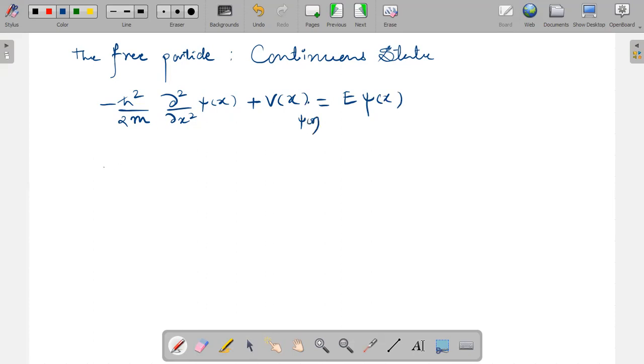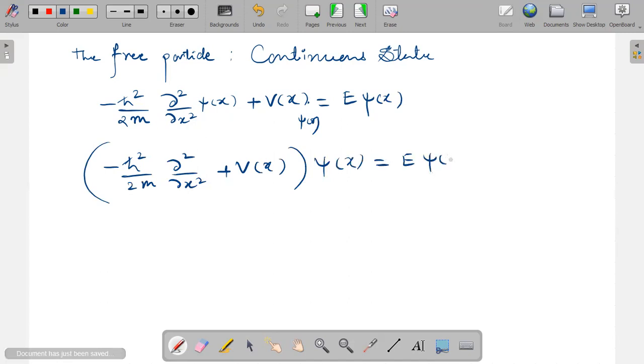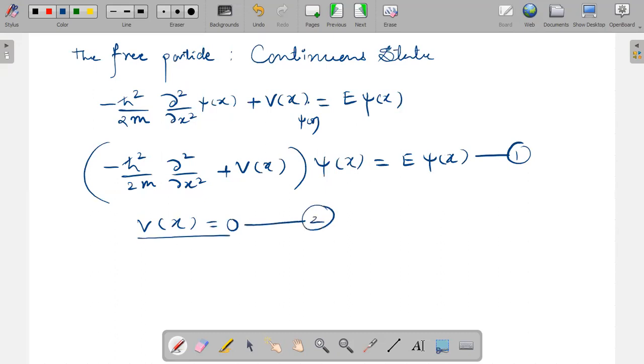Therefore, we can write here minus h cross square upon 2m, delta square upon delta x square plus V of x, acting on psi of x, equal to E psi of x. Let this be equation number 1. But in this one-dimensional problem, V of x equals zero, and therefore equation 1 becomes minus h cross square upon 2m, delta square upon delta x square psi of x equal to E psi of x.